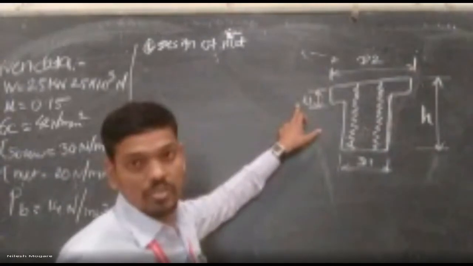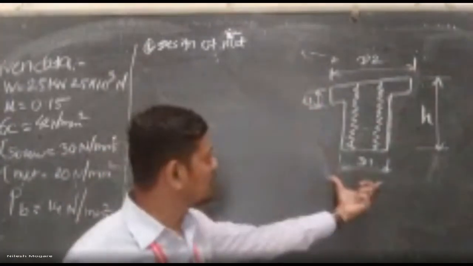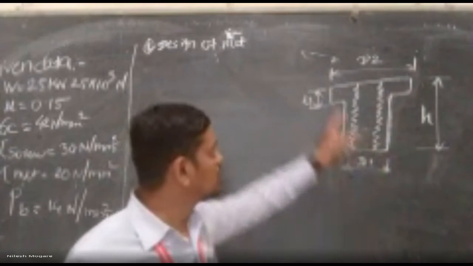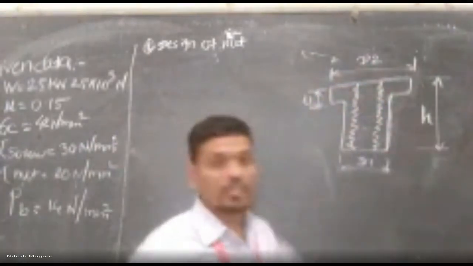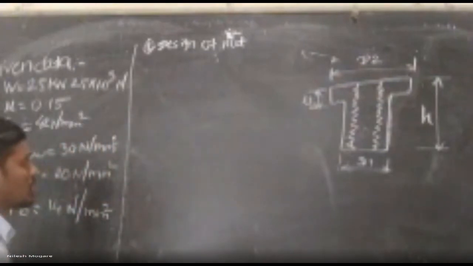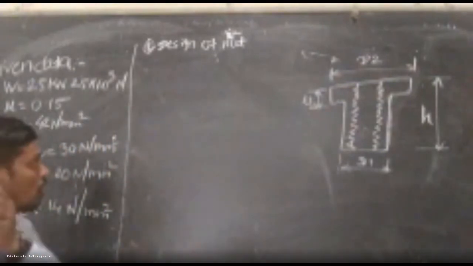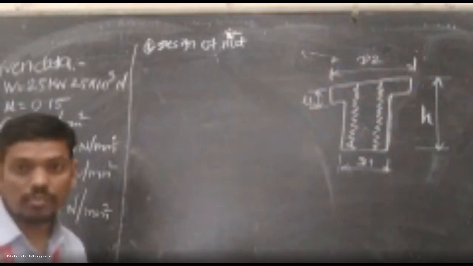T1, thickness of nut collar. D1, the diameter of nut. D2, outer diameter of nut collar, and H is nothing but height of nut. So these all are the dimensions we have to find first.